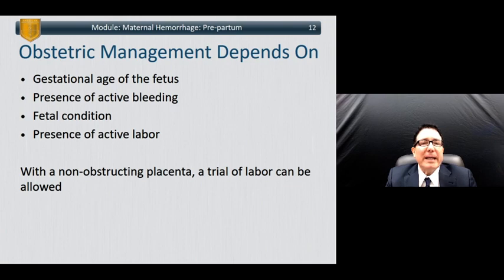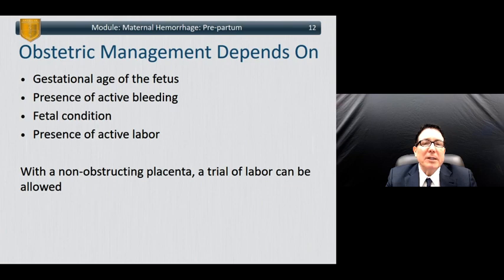Obstetric management depends obviously on the gestational age of the fetus, always looking for fetal maturity, presence of active bleeding, fetal condition, and the presence of active labor. Usually, with a non-obstructing placenta, a trial of labor can be allowed.